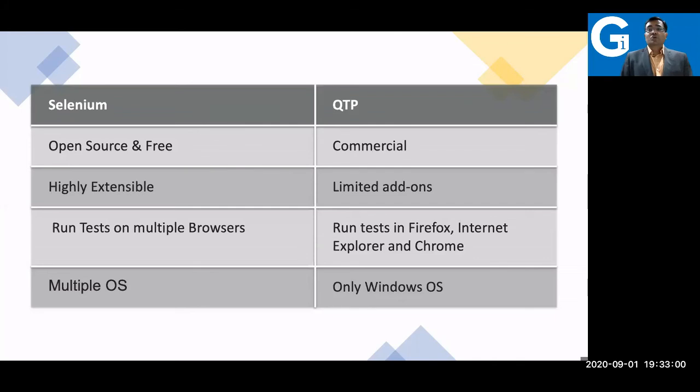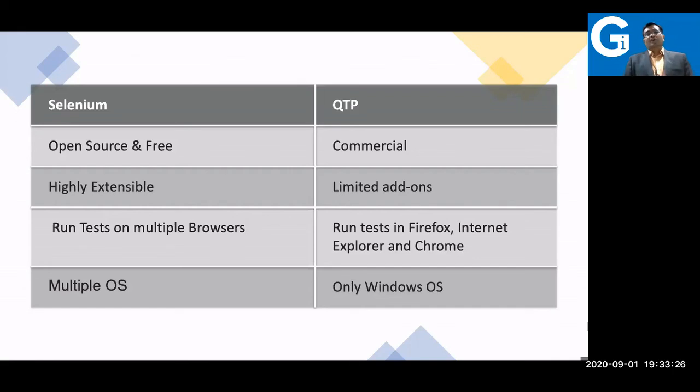So if you want certain technical support, vendor support, go for QTP then. Next, highly extensible. Selenium is highly extensible. You can connect to whichever browser, whichever programming language. Very good benefit, and there is certain limitation in the case of QTP here.